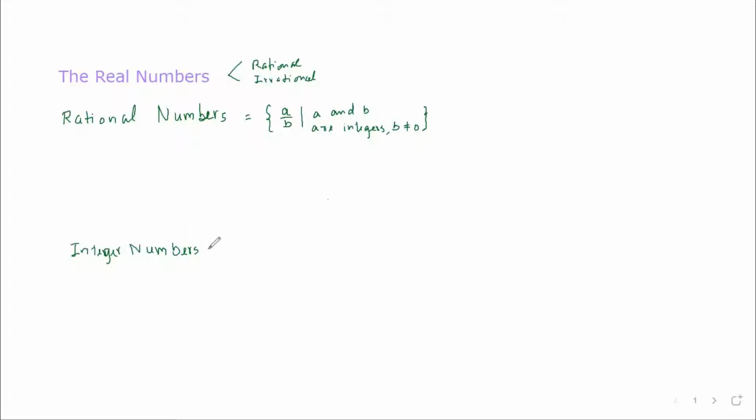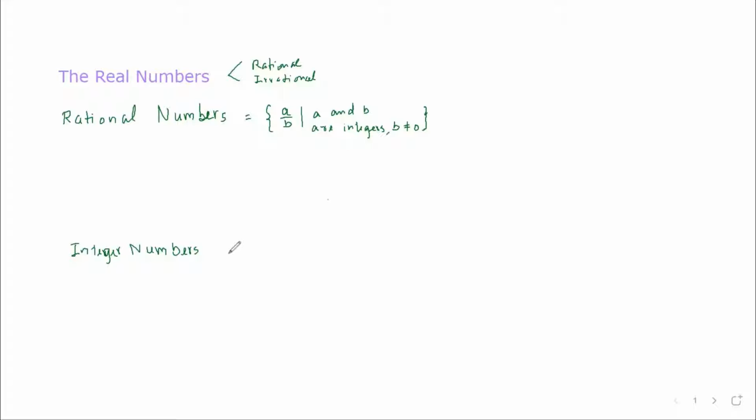So integer numbers have how many kinds? Three kinds, right? Integer numbers have three kinds: the negative integers, the positive integers, and another one is 0.